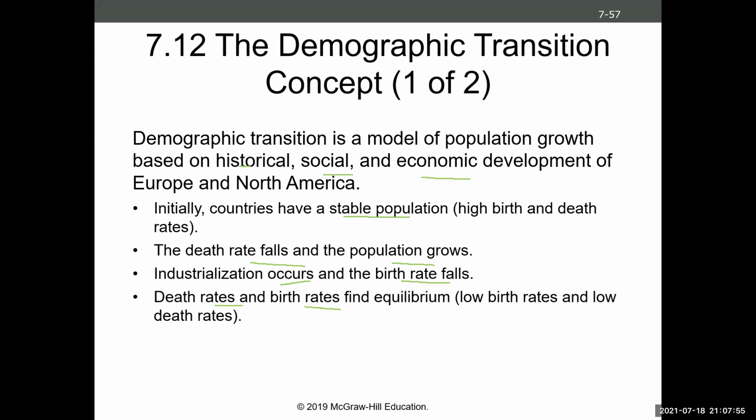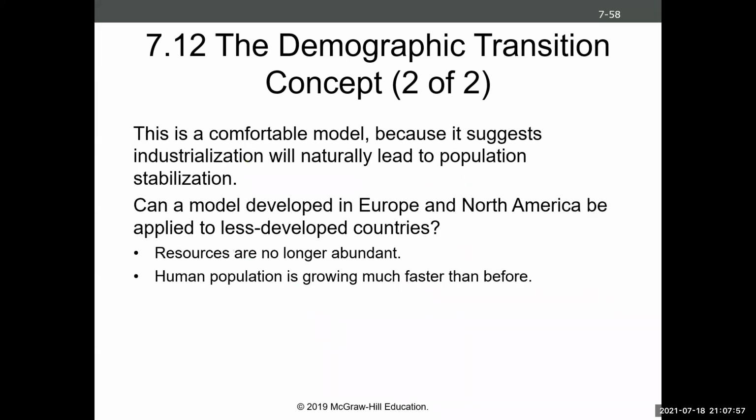So this is this transition concept. And so this is a pretty good model because it suggests industrialization will lead to population stabilization, but can you apply this model that's been developed based off of developed countries to these less developed, poorer countries where resources are no longer abundant, where human populations are growing much faster than what we're seeing in these two areas?